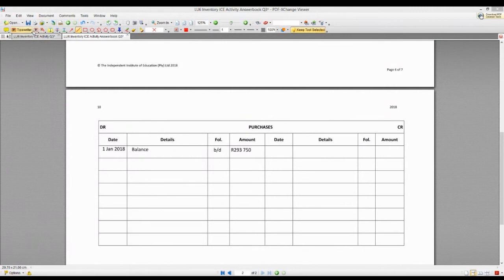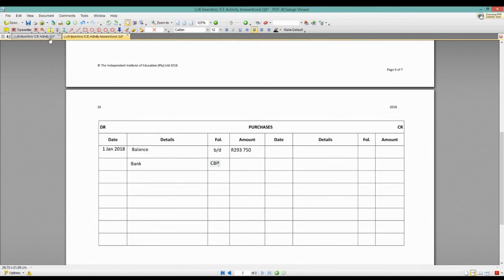Okay, so let's then capture the information in our answer booklet. The first thing, we have our bank. Purchases would increase this. So where did it come from? Our contra account is our bank account. Then what is our folio number? Our folio number is cash book payments. So we've got it from our cash book payments.